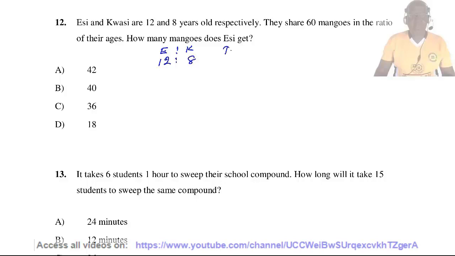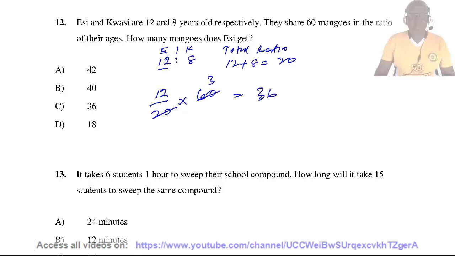And the total ratio is going to be equal to 12 plus 8, which equals 20. Now, EC's ratio is 12, so EC's share is going to be 12 divided by 20 times 60. 20 goes into 60, 3 times, so 36. The answer is C.